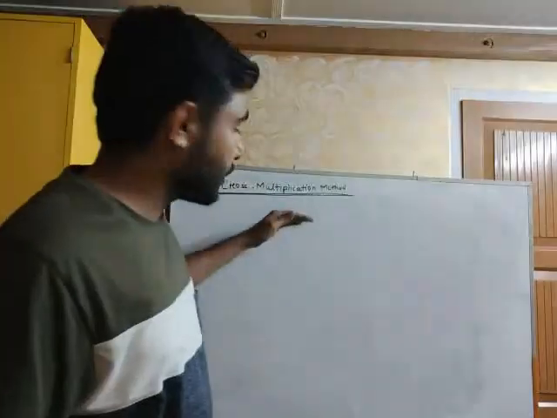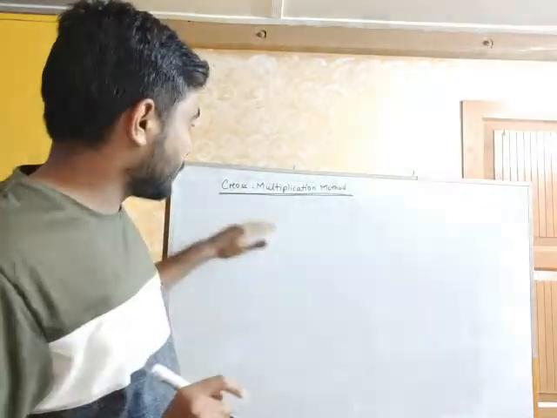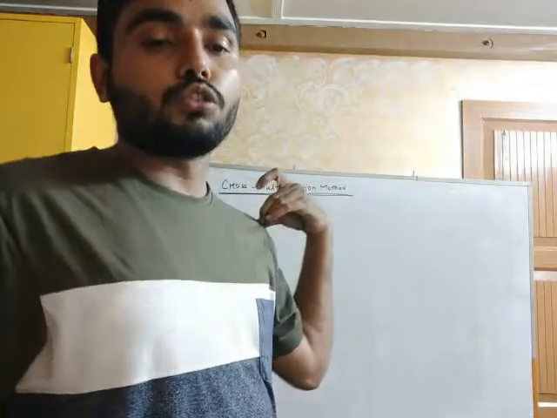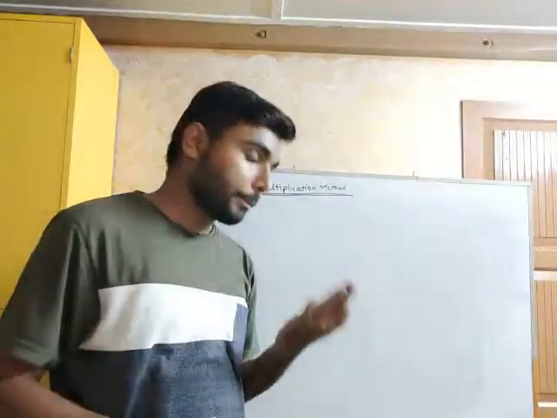Clear everyone? Then our equations will be created, and since in this part we will be solving the equations by the cross multiplication method, we will use cross multiplication to solve.